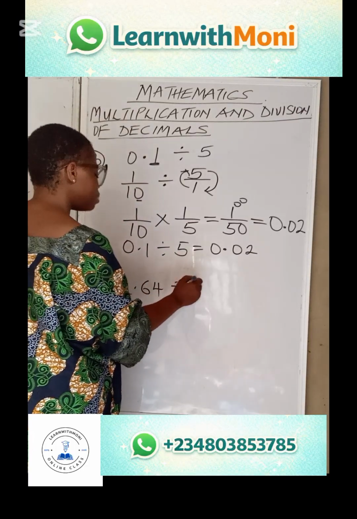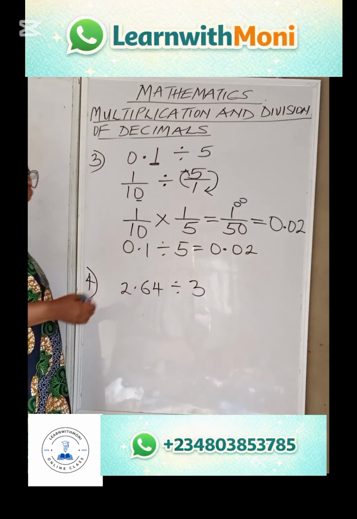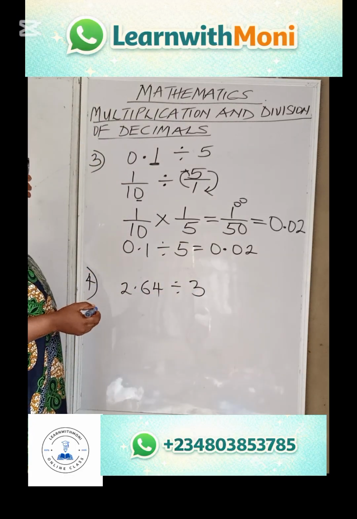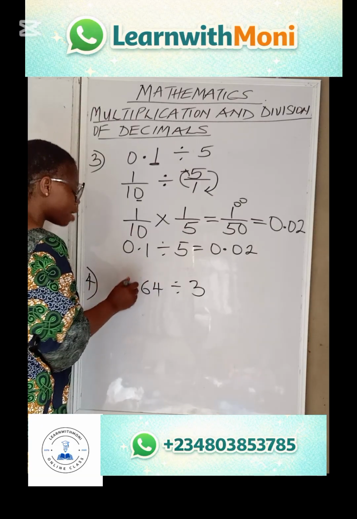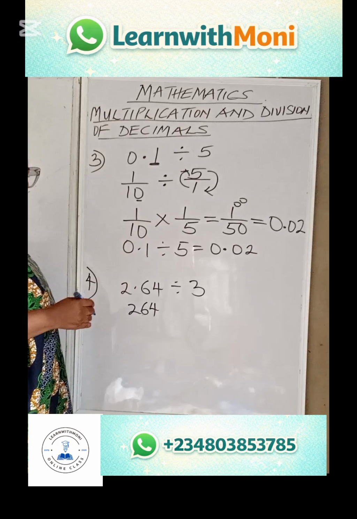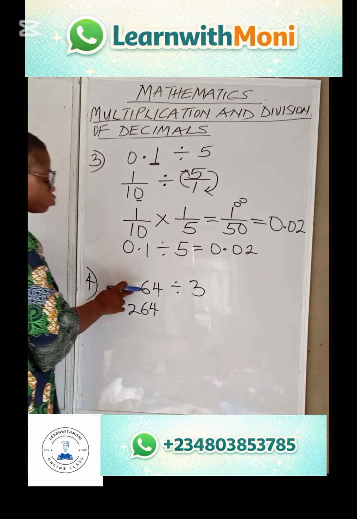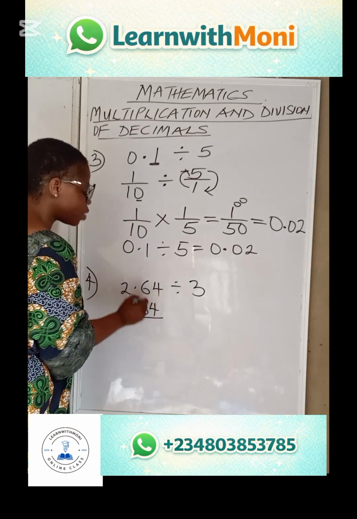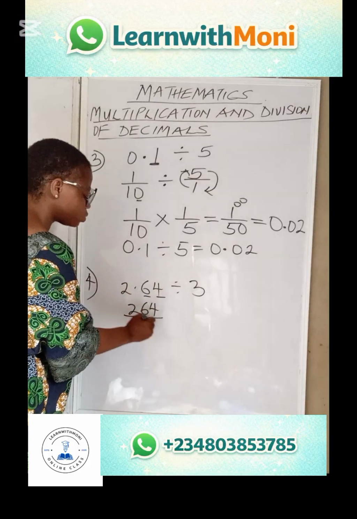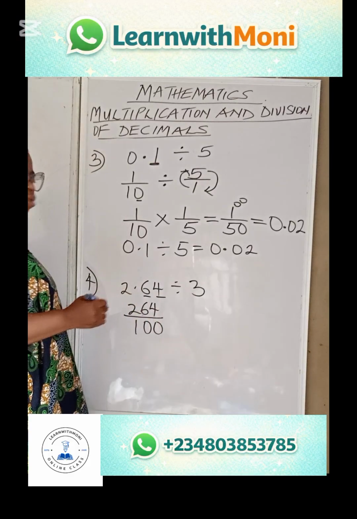We are still dividing with a whole number. So let's go ahead and divide. 2.64, we are writing it without the decimal point, starting from the first non-zero digit. So this is 264 over 2 decimal places. That is 2 zeros as the denominator. That is 100.